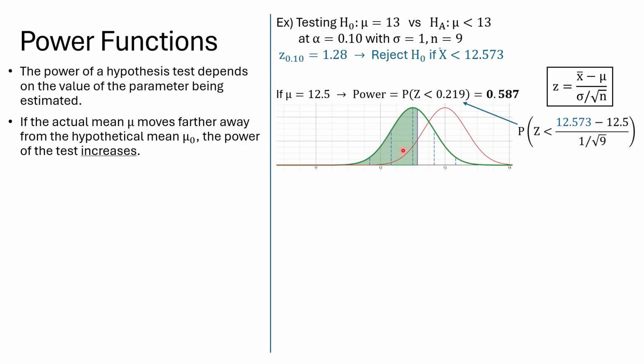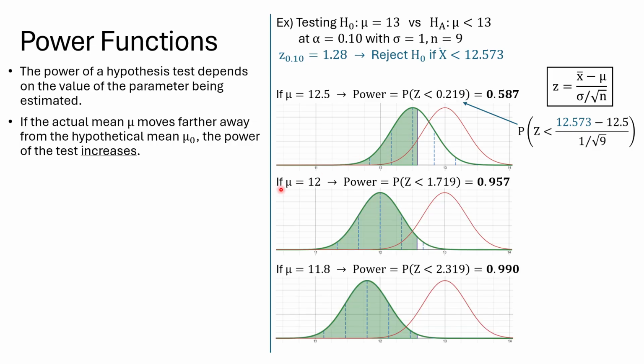But we can do even better. What if mu were actually 12? The true population mean were 12, not 13. Then we have even more sample means that we would expect to be in the rejection region.